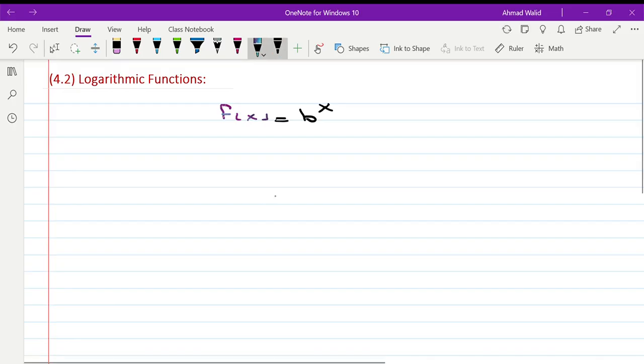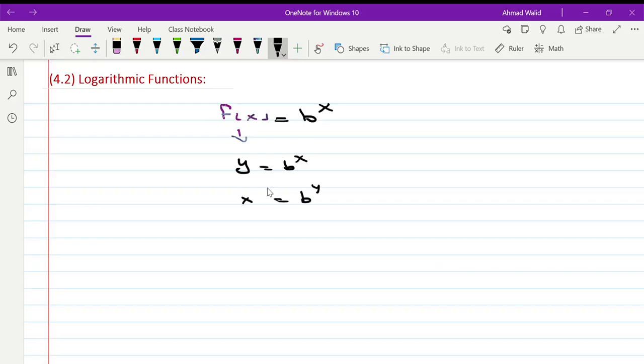If I do those 4 steps here for you, first I'll change f of x to what? F of x to y. I will write y equal b to the power of what? X. The next step, if you remember, we interchange x with y. Then I can write x equals b to the power of y. And the last step was to solve for y.